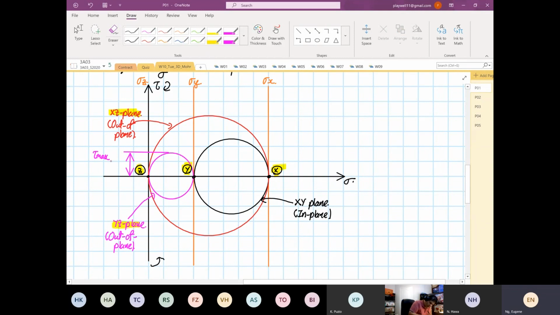And then the next one over here, this one we'll call it our tau max, and this one belongs to our XY plane.